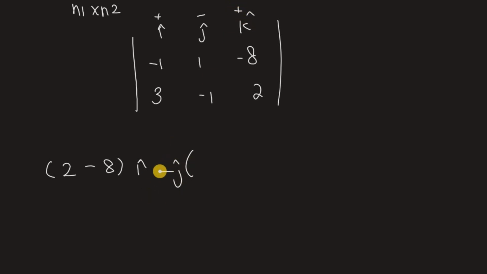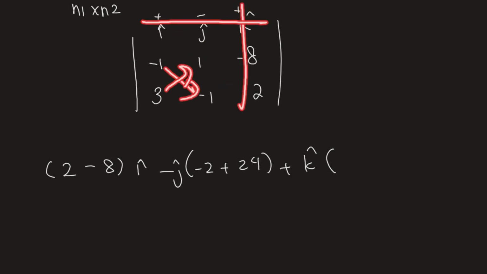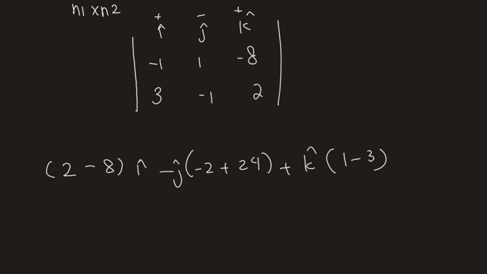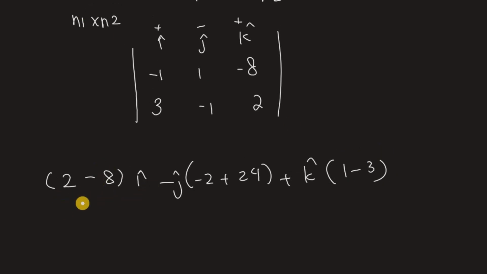So always remember this is negative j. 2 plus 24 plus k hat, and then for the k hat you do the same thing, crossing out and multiplying this times this. Now if you do the math, this gives you -6 i hat, and this negative multiplies the inside, so then it becomes -2 j hat and -2 k hat.